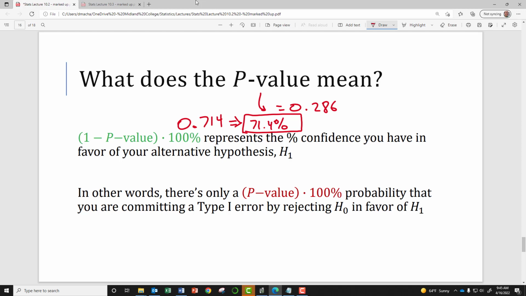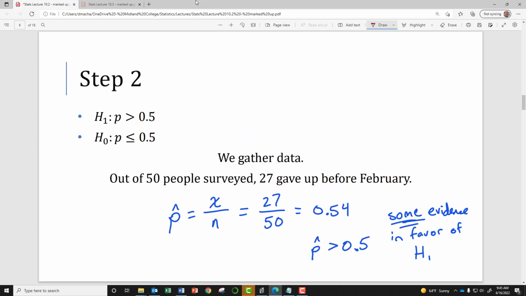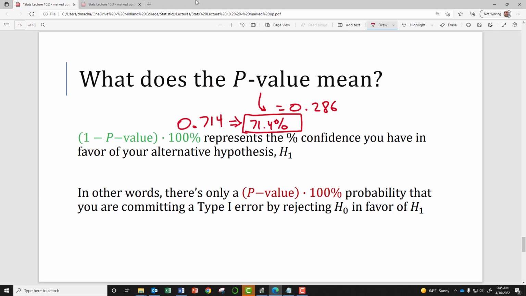Based on my data, I'm going to scroll way back up in my slides. Based on what I've gathered data-wise, when I surveyed 50 people and 27 of them told me they gave up on their New Year's resolution before February, that survey data, with just a little bit of evidence that it offers in favor of my alternative hypothesis, gives me 71.4% confidence that the population proportion is greater than half.